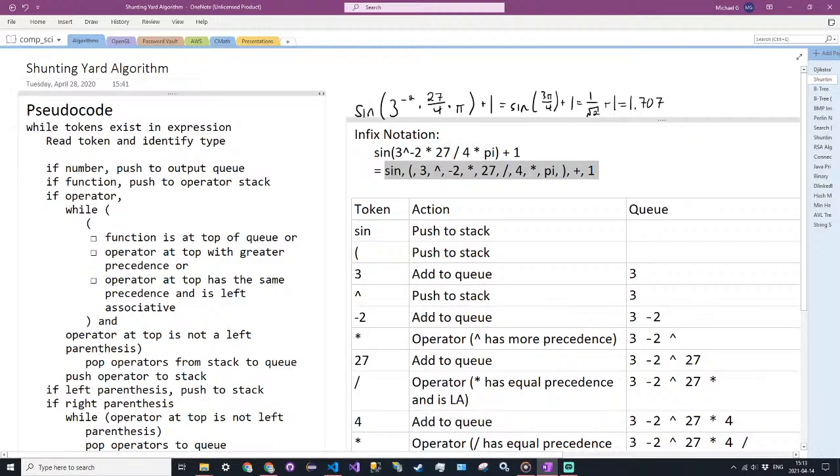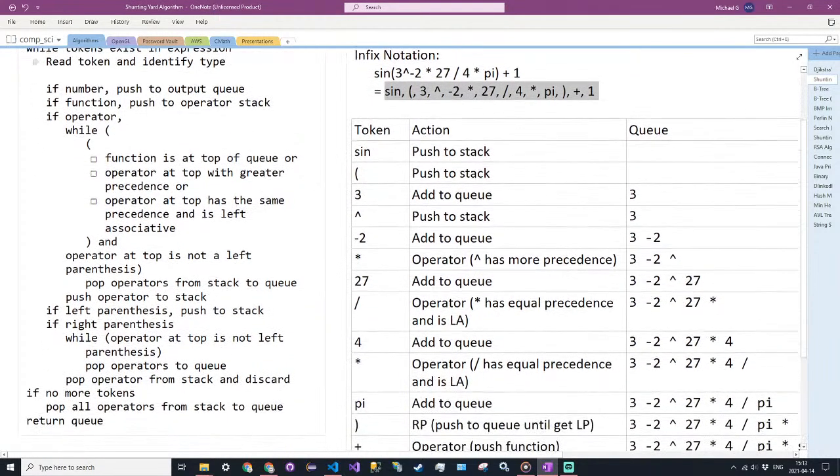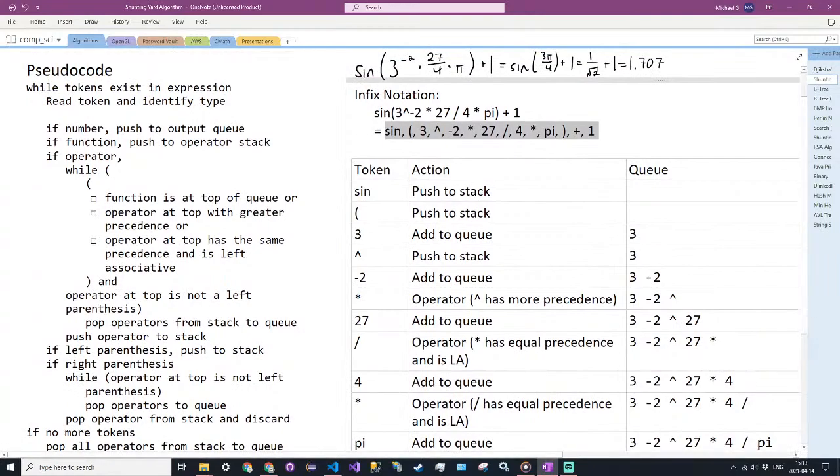And then essentially this loop is just based on all these tokens. So this loop will iterate through all the tokens here. We start with reading the token, like I said, and identifying the type. Each token will have a type. The sine will be a function. This will be a left parenthesis. The 3 will be a constant.